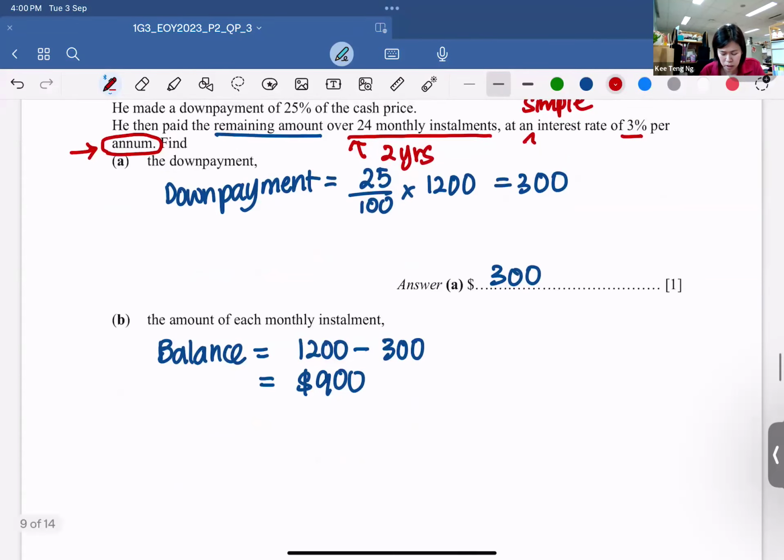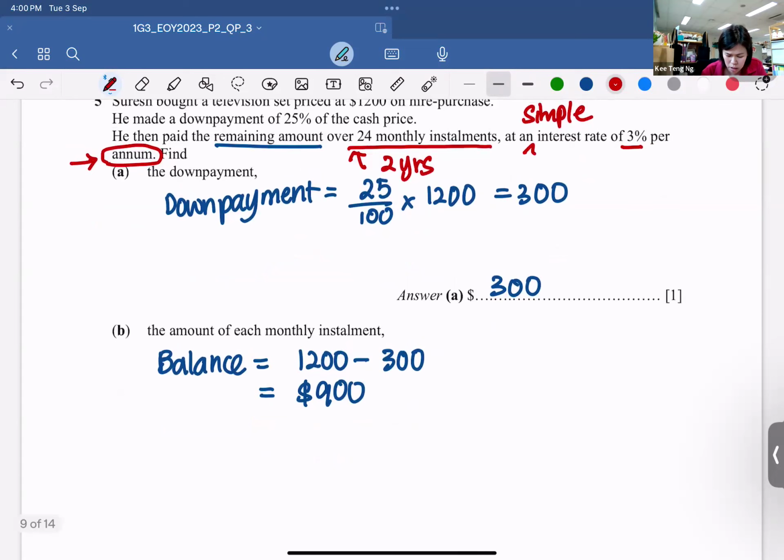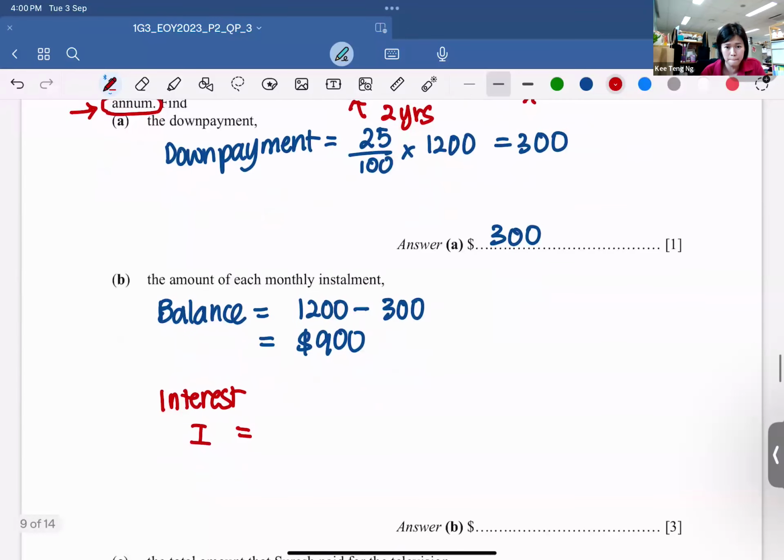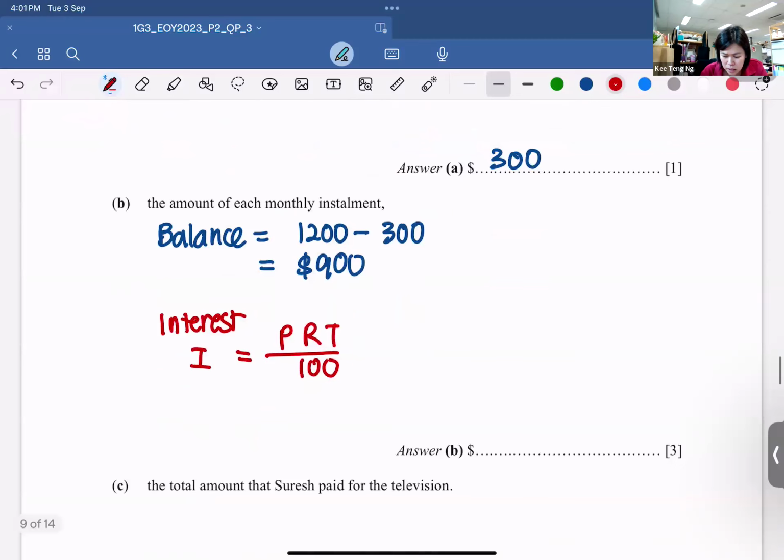Next one, I must ask somebody who can tell me how to calculate simple interest. I equals to, anyone remember the formula? Come on, you're so near to the end of the lesson already. I equals simple interest. Yes, PRT over 100. Thank you very much. What is the principal amount we should be using?